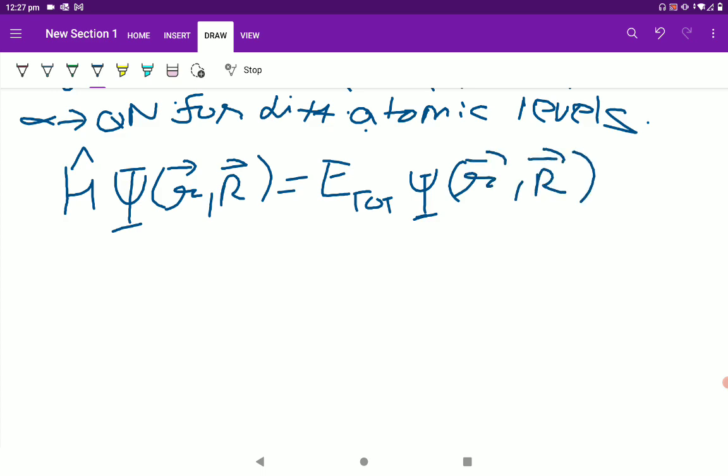So now we use the superposition principle, because if we consider the whole set of eigenfunctions of the Hamiltonian operator, we can always write any other function as a linear combination of psi alpha. That is, we can write the total wave function in this fashion.